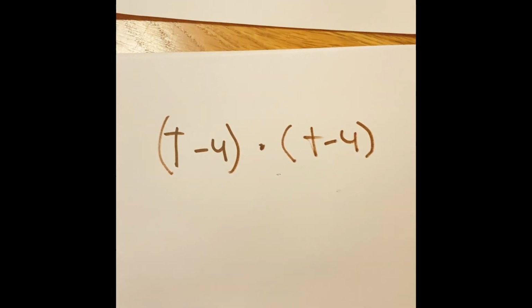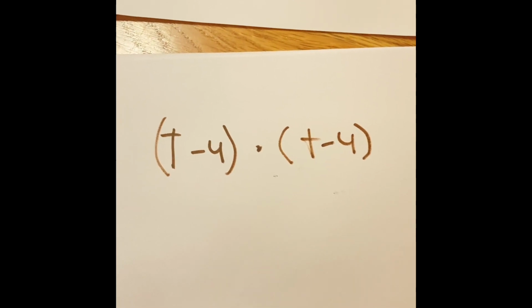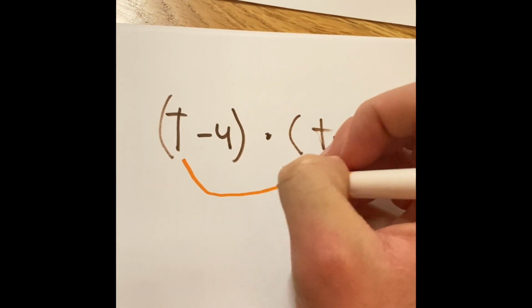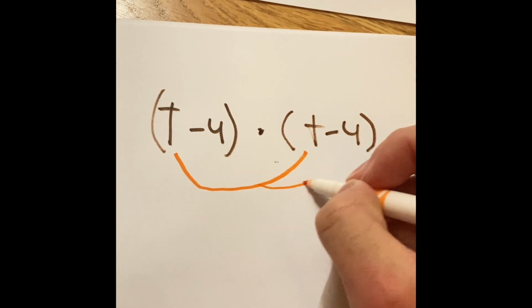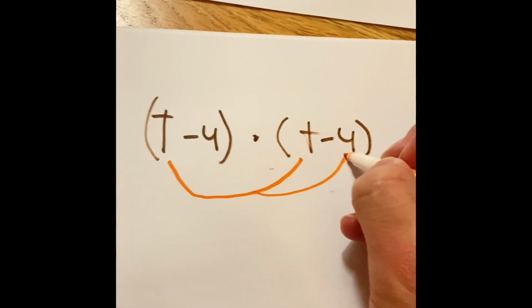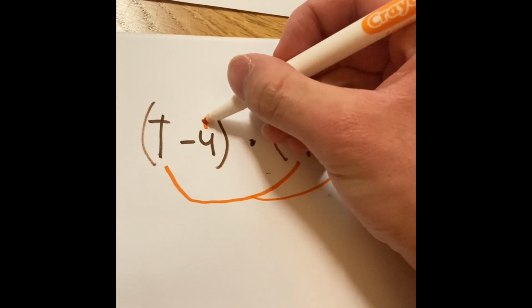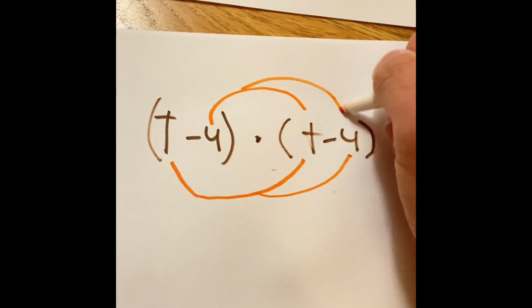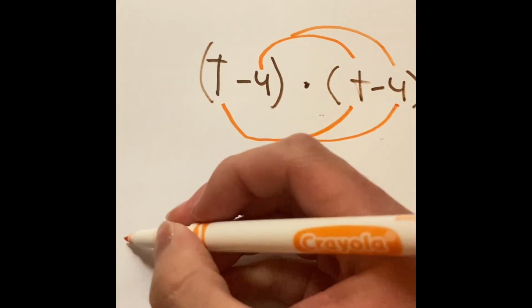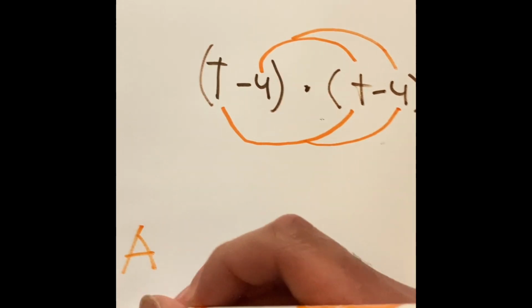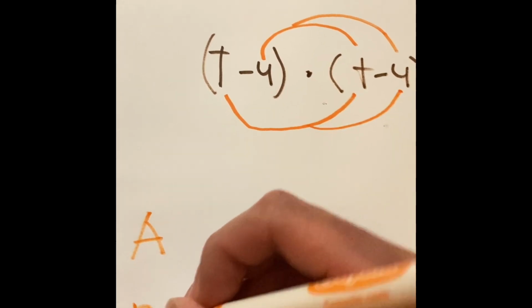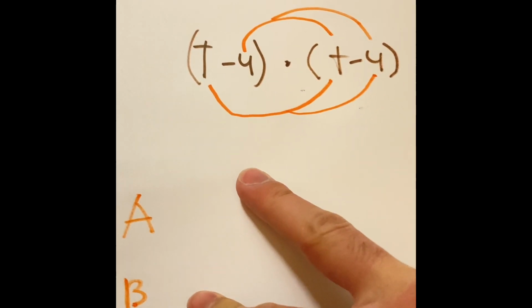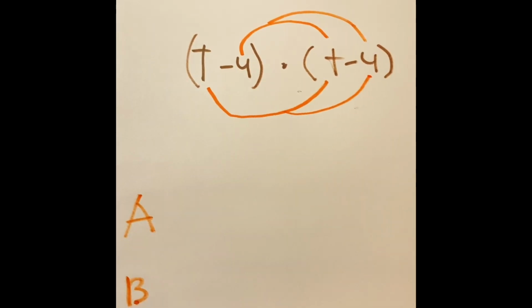So what we're going to do is multiply t times t and t times -4. The second one is we multiply -4 times t and -4 times -4. So we're going to do equation A and equation B, because we're going to get two equations that we can combine to get our final answer.